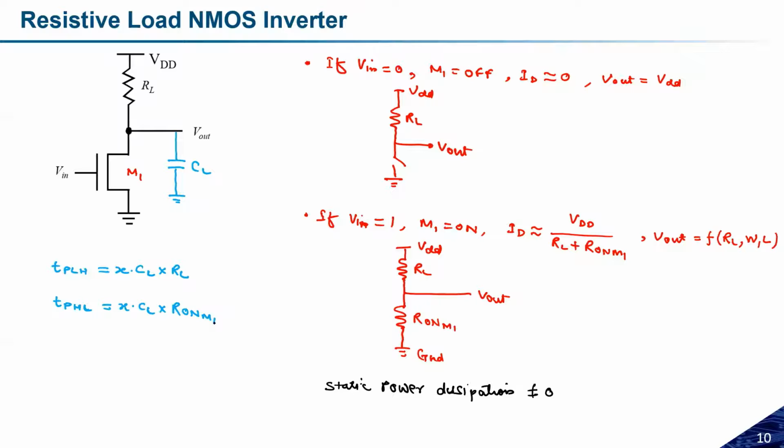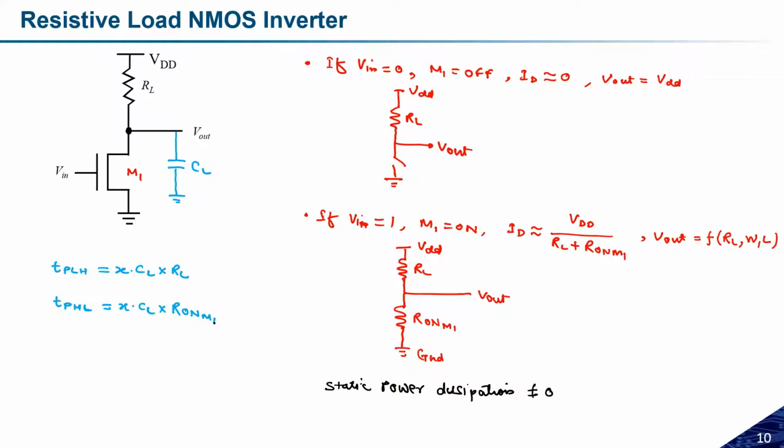So this is how TPLH and TPHL will look. Now the important point of consideration here is, if I have to make equal rise time and fall time, or equal delay for low to high and high to low, I need to maintain equal resistance in both the combinations.